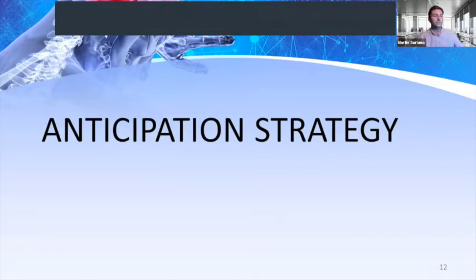First strategy is anticipation. The interpreter predicts the incoming text and produces a target segment before it is uttered by the speaker. Based on what?